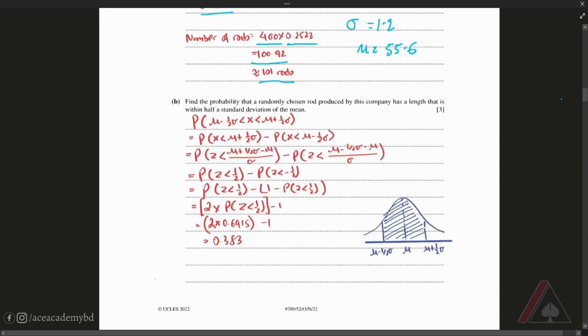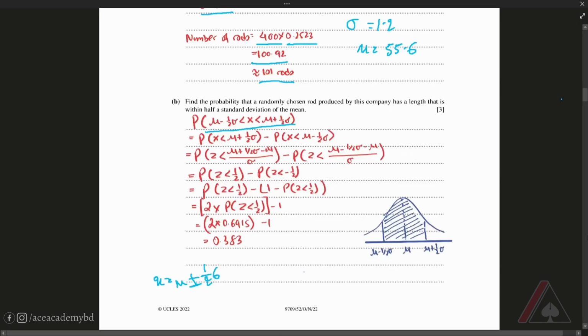So the value that we're going to be using here, x, would be either half a standard deviation more than the mean or less than the mean. So here we have the possible values of x. So for each value of x, we place them in the equation.